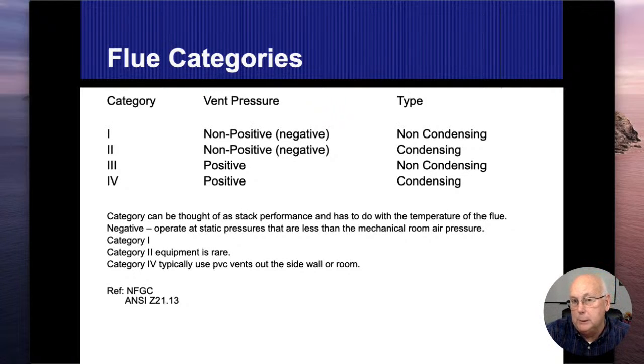So I've never really seen one. So most natural draft furnaces, those are going to be category 1 furnaces. Once we put that inducer fan on it, and so we have a blower fan going, and we're going to be creating a pressure difference inside of it, that's what makes the difference between a category 3 and 4. So in other words, 80%ers are pretty much category 3. 90%ers are category 4 furnaces. Plain and simple.